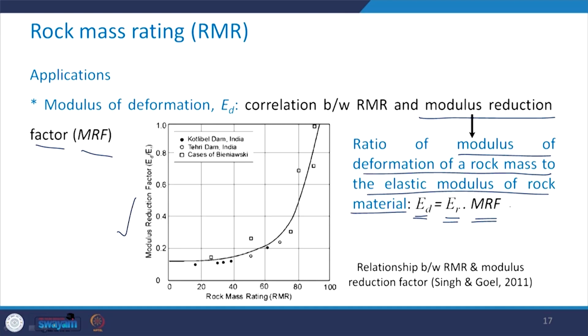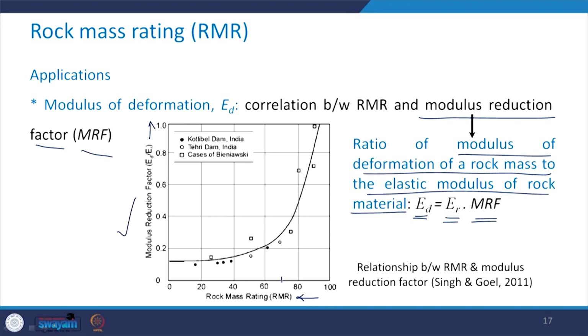Take a look at this figure which gives you the relationship between RMR and MRF. On the x-axis it is the RMR which has been plotted, and on the y-axis you have this ratio ED upon ER. Now say the value of RMR works out to be 70.